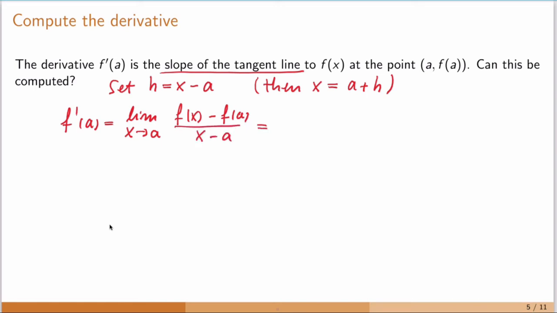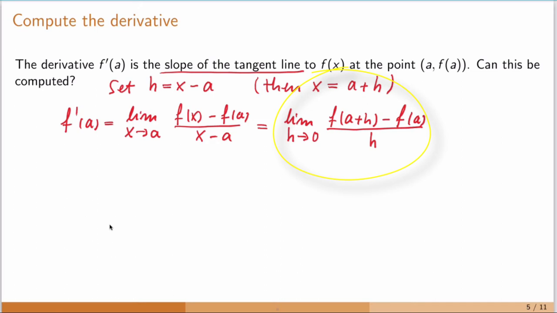But now we substitute h as x minus a, so then this is a limit of f of a plus h minus f of a, and in the denominator we have x minus a, which is h. And then instead of writing x converges to a, we now write h converges to 0, because h is the difference between x and a.